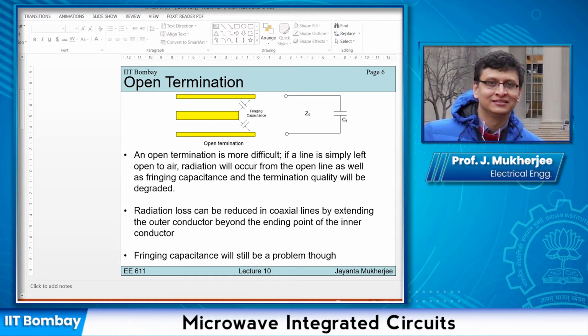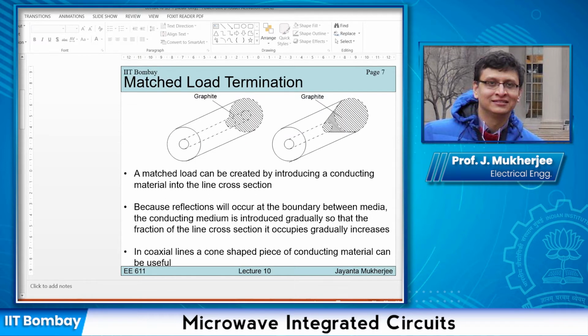Now next is how to make a matched load. Matched load means the inner conductor in this coaxial cable should see a load of, say, 50 ohm or 100 ohm, or whatever my characteristic impedance is. This is somewhat similar to the shorted stub, except that in a shorted stub we want the impedance seen by the inner conductor to be 0.